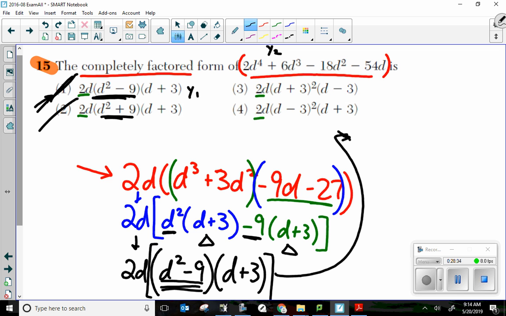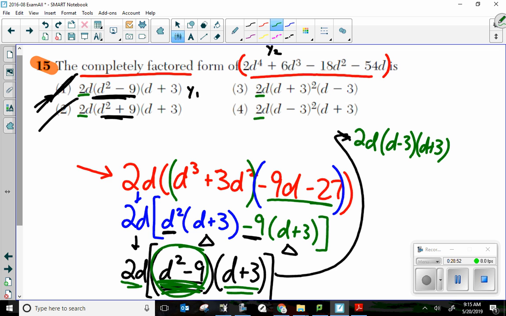I still have 2d coming along for the ride. We ain't losing you yet. This is a difference of perfect squares. I get d minus 3 times d plus 3. That is just this factored. I still need this d plus 3 as well. Oh, I see what they did there.